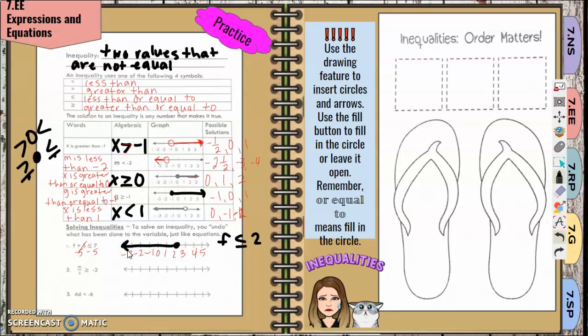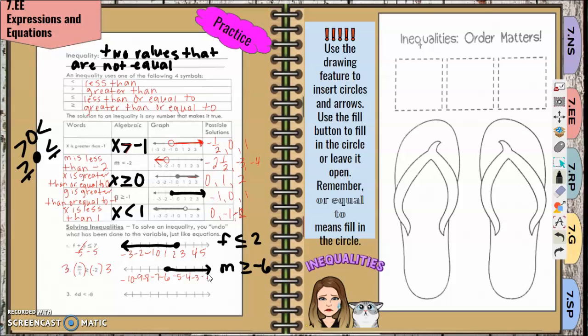For number 2, this is a division problem, so I'm going to multiply by 3 on both sides. M is greater than or equal to negative 6. Negative 2 times 3 is negative 6. So now I graph, put my numbers on the number line. It is a closed circle on -6, and I'm shading everything to the right because it's everything that's greater than or equal to -6.